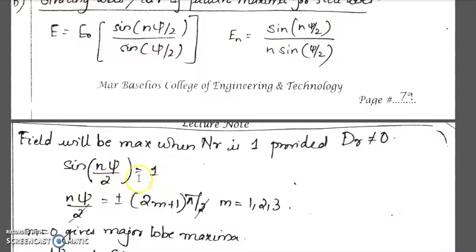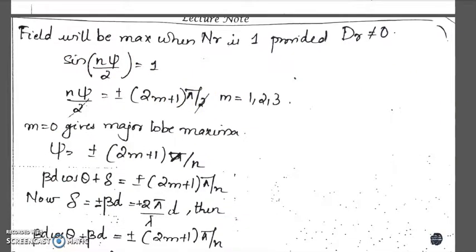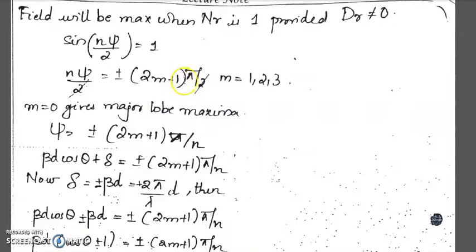From that you can say that sin has the value 1 at odd multiples of pi by 2. Okay, so you will get n psi by 2 is equal to plus or minus (2m plus 1) pi by 2. Here you can substitute m equal to 1, 2, 3, etc. You can't substitute m equal to 0. What is the reason? For m equal to 0, you will get the major lobe.